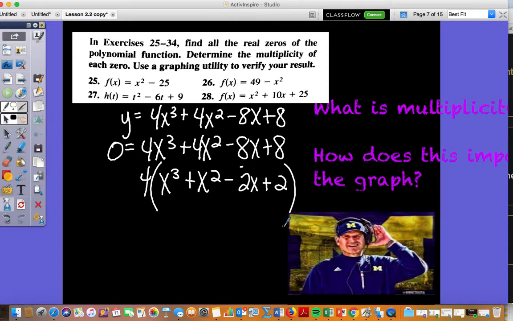Any thoughts on how I can factor this? Is this plus 2? It is.